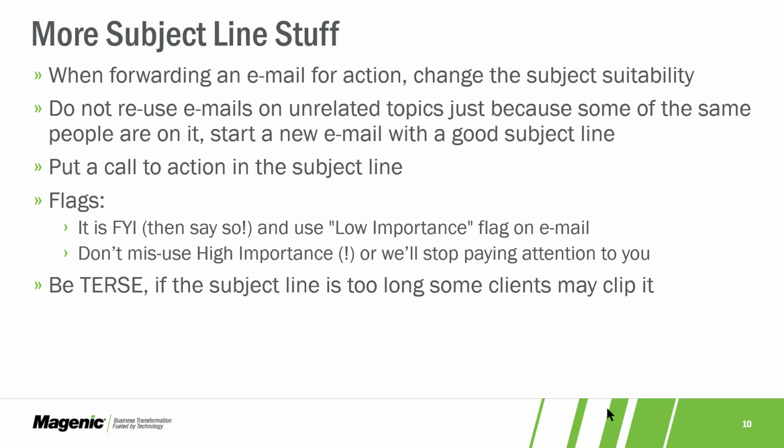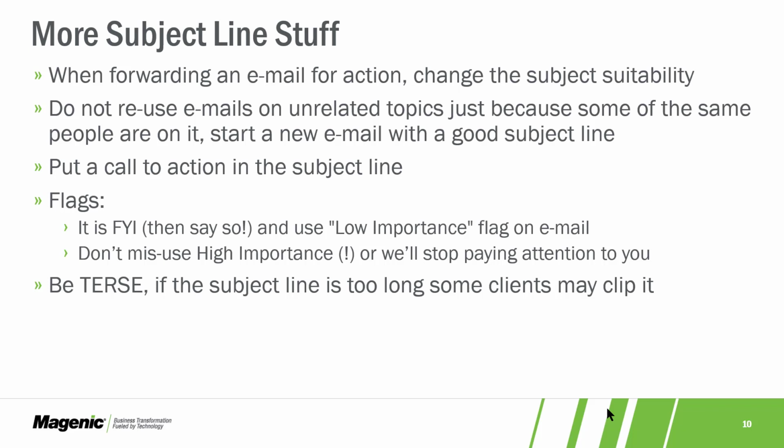If you're forwarding an email for action, at least change the action part of the subject line. You don't have to preserve the FWD part if you don't want to, although some email systems or clients will make threaded discussions out of them. If that's something you like, by all means.